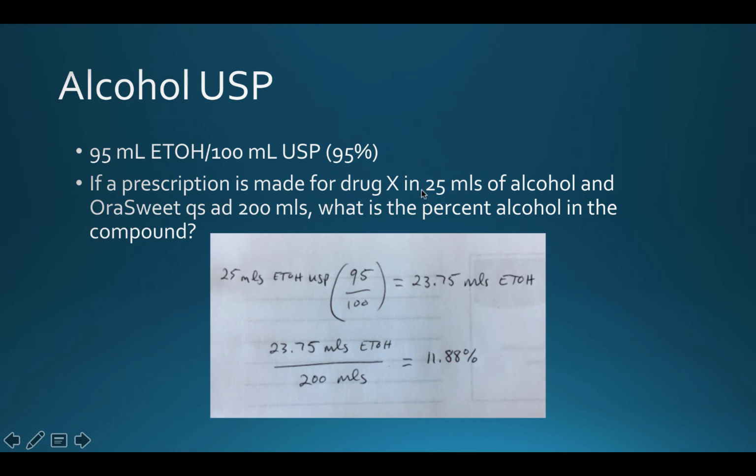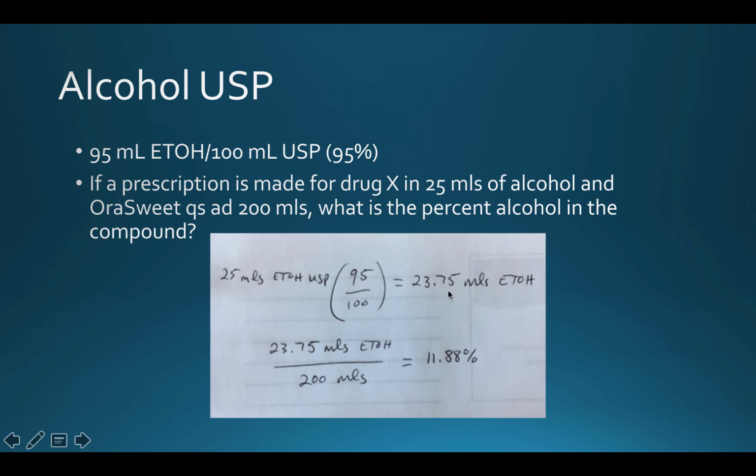So if a prescription is made for drug X in 25 mils of alcohol in the aura suite, add a sufficient quantity to 200 mils, what is the percent alcohol of the compound? Whenever we talk about using alcohol, we typically use alcohol USP, which is 95%. It's not 100% alcohol. So solving for how much actual alcohol, ETOH, is in there is what we have to do initially.